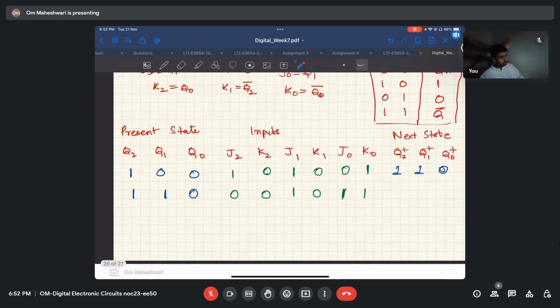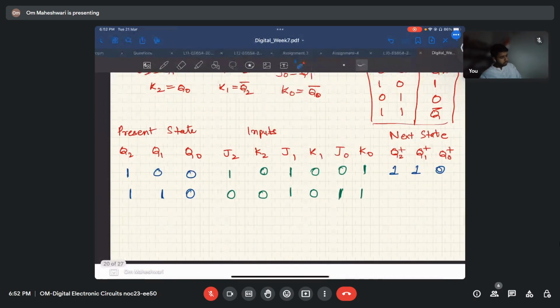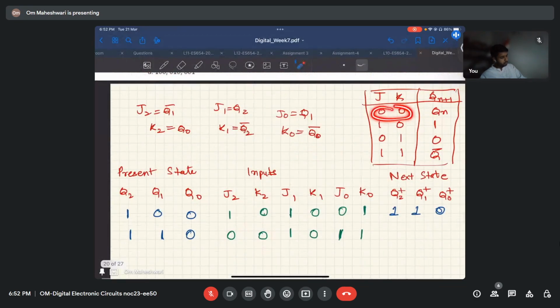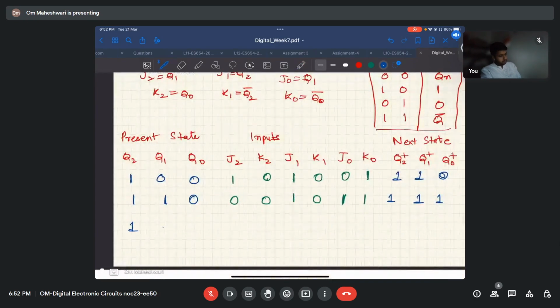Okay, so we have 0, 0. So 0, 0 we have hold. So hold is 1. 1, 0 we'll have 1, set condition. And we have 1, 1 that is toggle condition. So the 0 will become 1. So now we have 1, 1, 1.